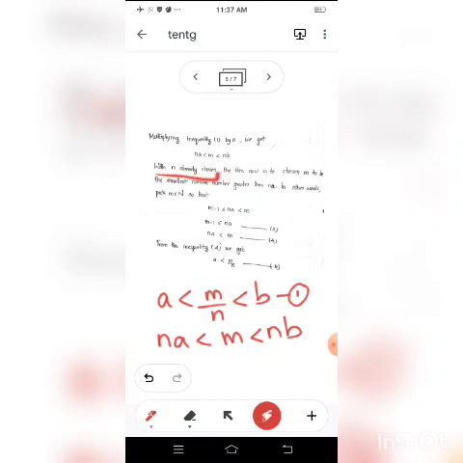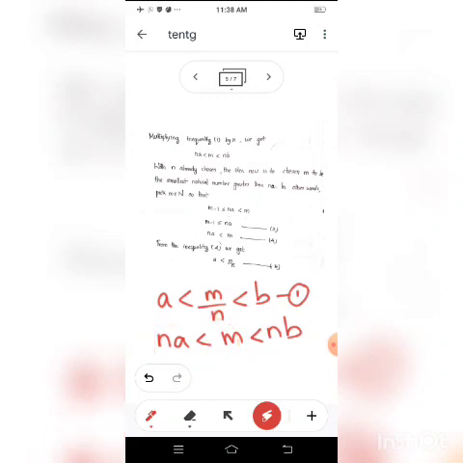With n already chosen, the idea now is to choose m to be the smallest natural number greater than na. This na must be less than m. We can find such an m.